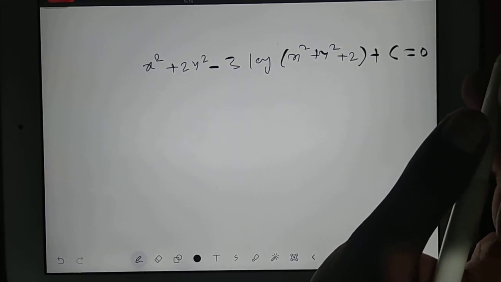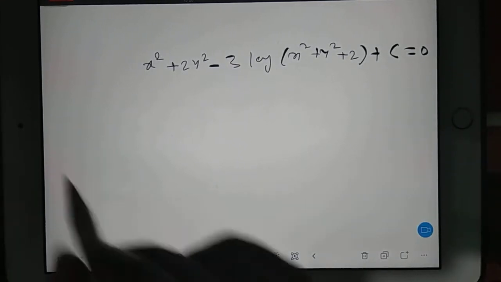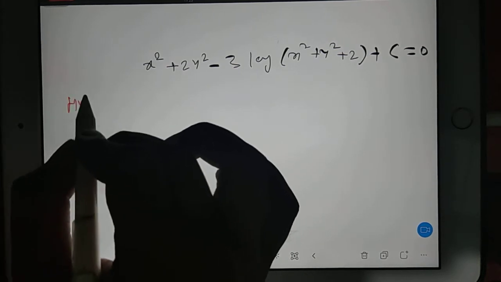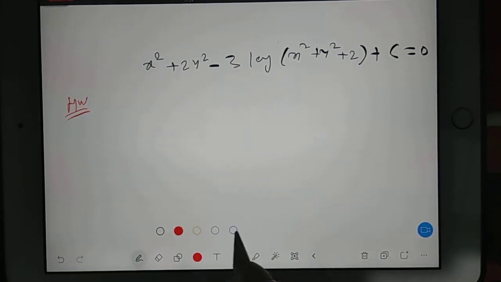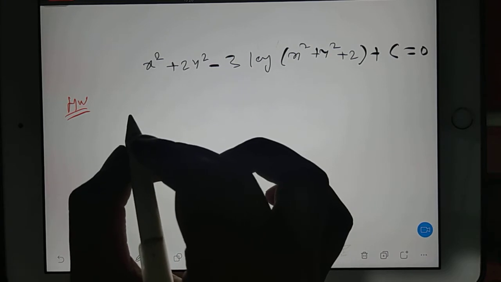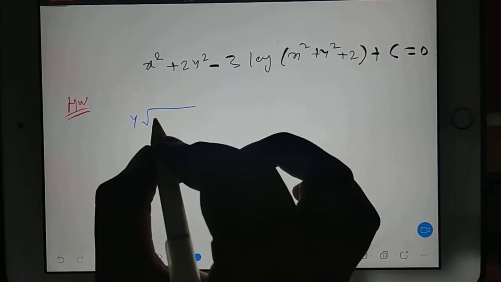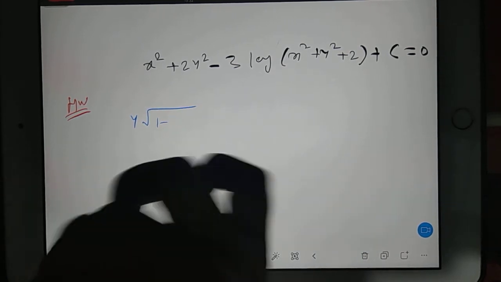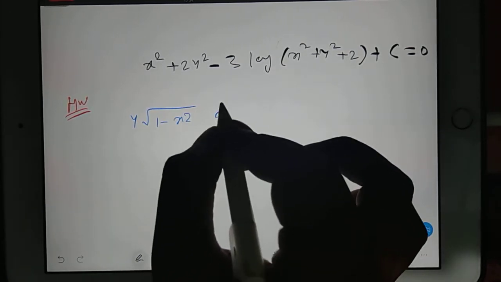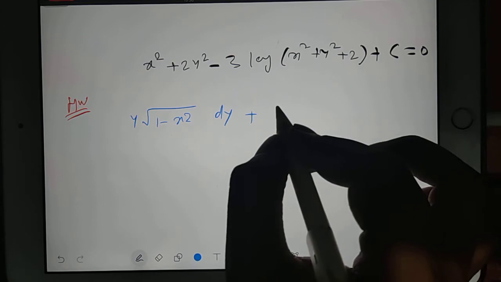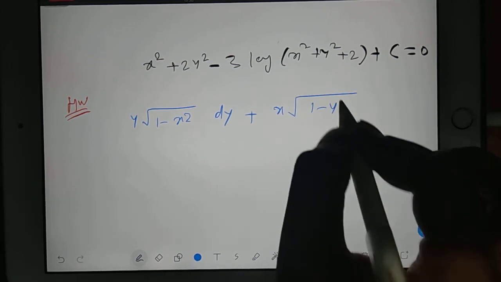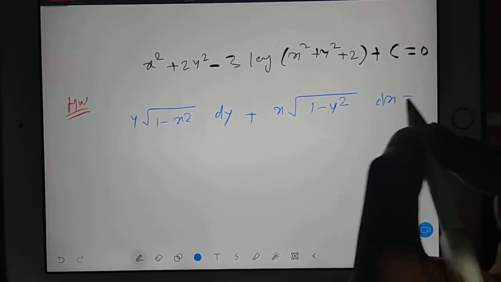Okay. So I'm giving one homework problem. If you find time, you try this. y under root 1 minus x square dy plus x under root 1 minus y square dx is equal to 0.